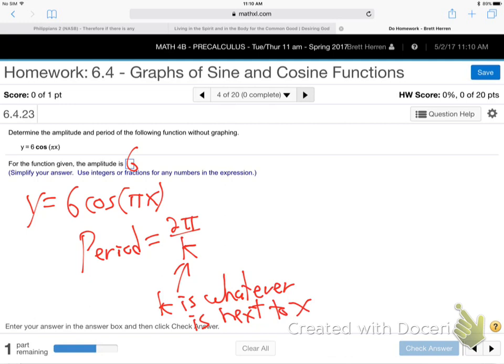In this case, our k is pi, isn't it? So the period is 2 pi over k, which is pi, cancel pi. The period is a straight 2, not a 2 pi, but a straight 2 for this one.